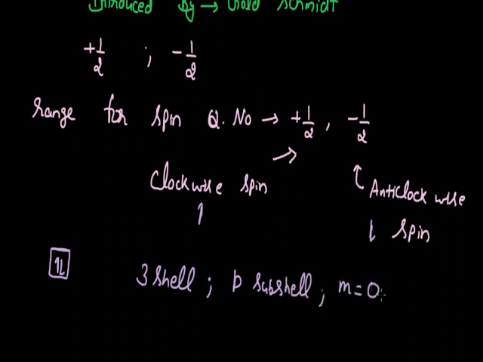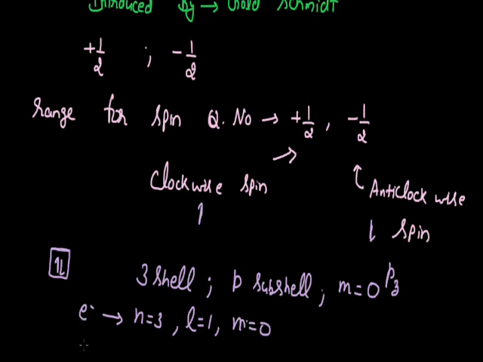For the very first electron, since it belongs to the third shell, the principal quantum number will be 3. It belongs to the p subshell, so the azimuthal quantum number will be 1. Since the magnetic quantum number is 0, it is the pz orbital.